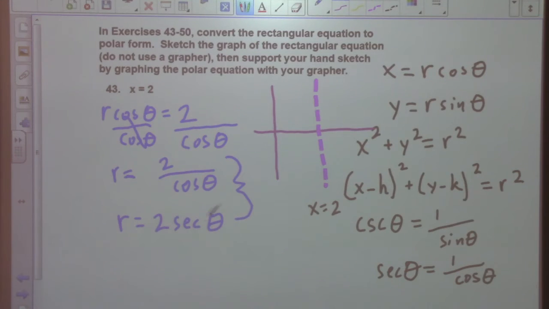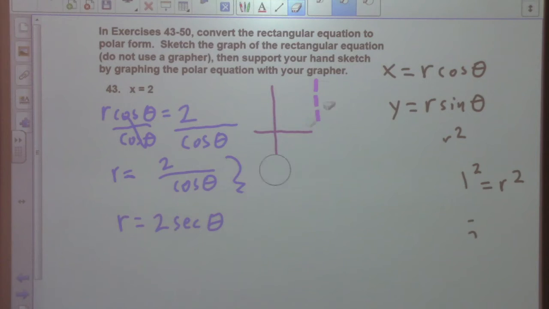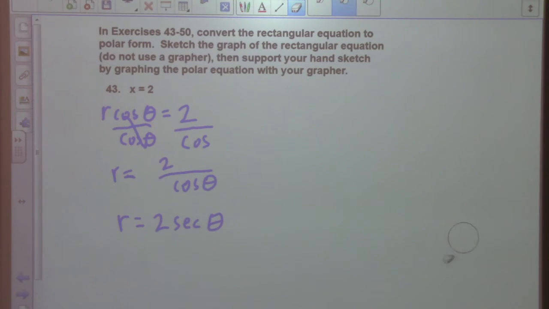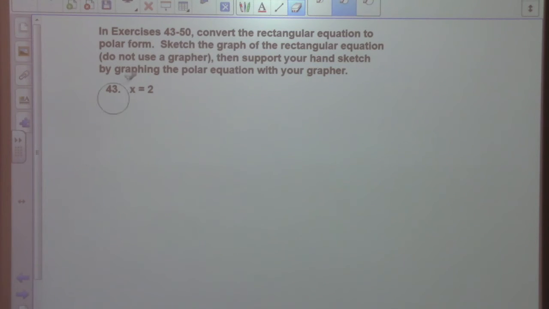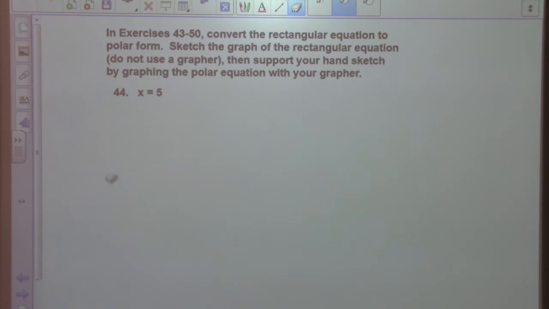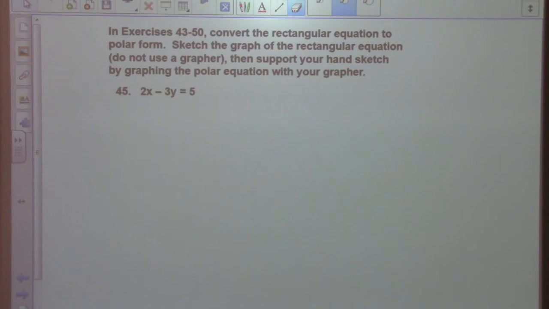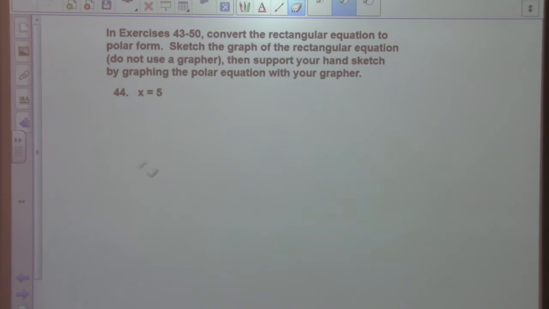Now, so far, does this look a little easier than what we were doing yesterday? You think so? Justin thinks so. Okay, so I want you to go ahead and do number 44. We will come back to that in a minute. Do 44.